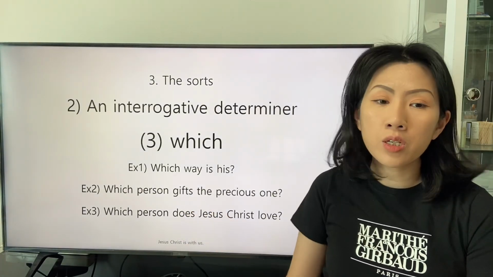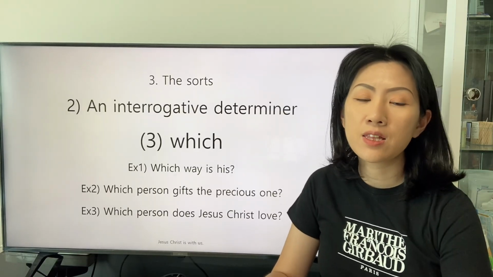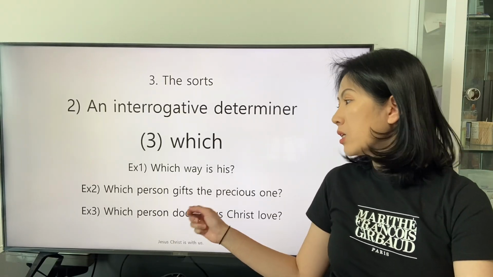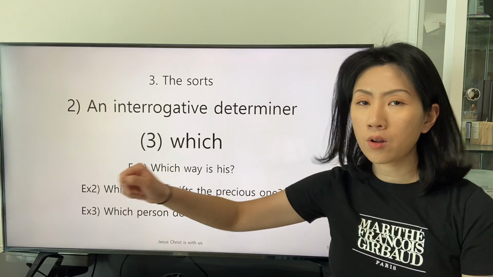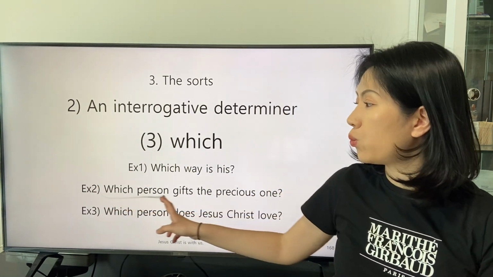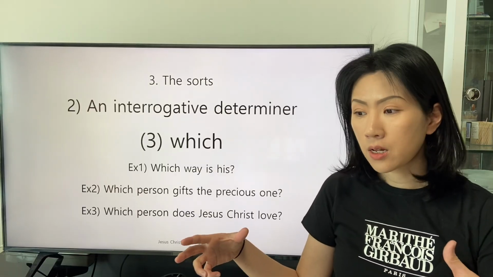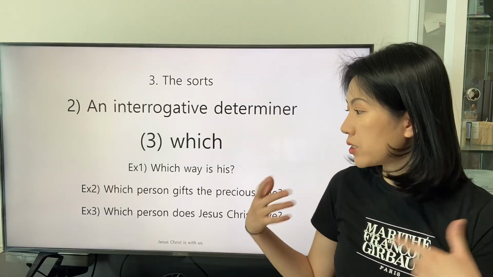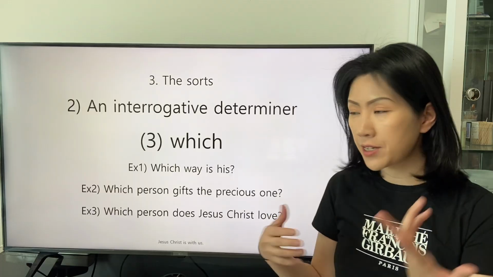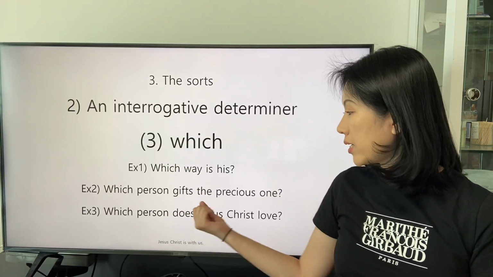The second example is this. Which person gifts the precious one? In this clause, the phrase of the general noun which person has the role of the subject to start and give the definition of the transitive verb gift to the object, the precious one.